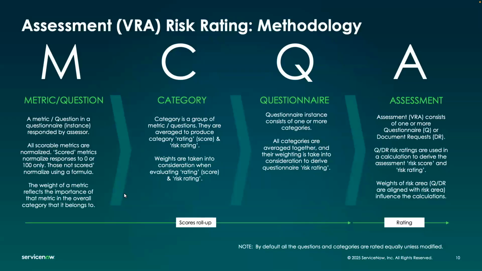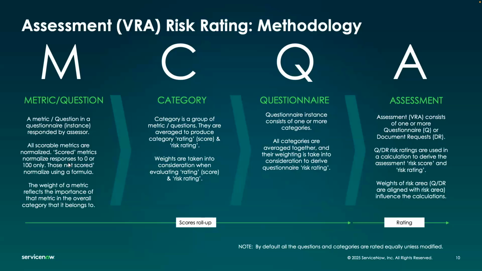Before moving on, I would like to emphasize a little bit more on the importance of weight in determination of the normalized value for a metric or question where scored response is true, meaning the normalized response will be 0 or 100 only. The weight also plays a significant role in determination of the end normalized value, or the ultimate normalized value, if you will.